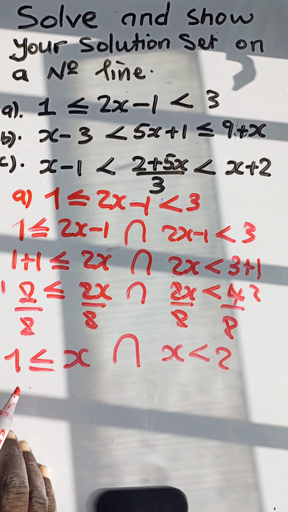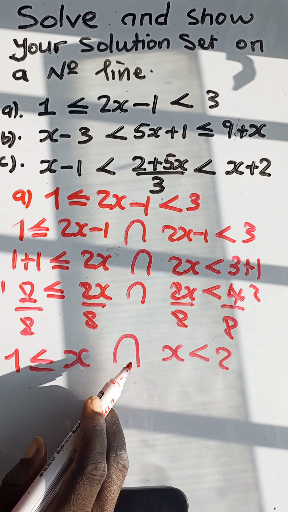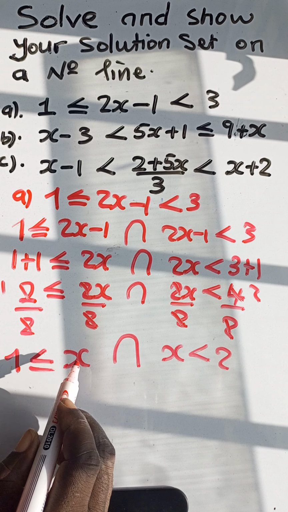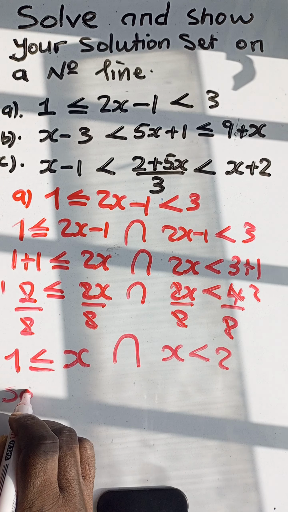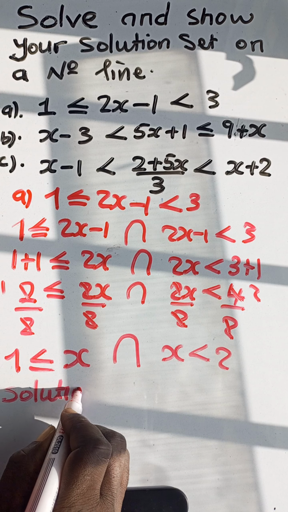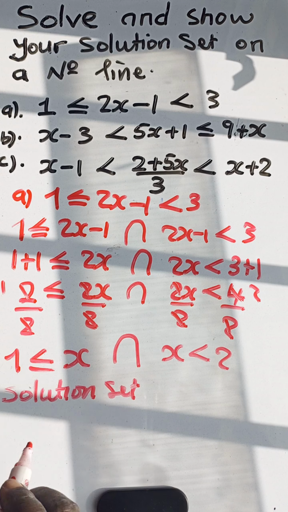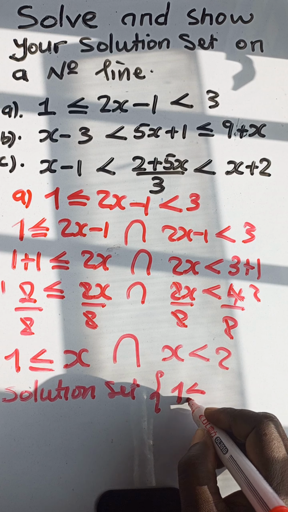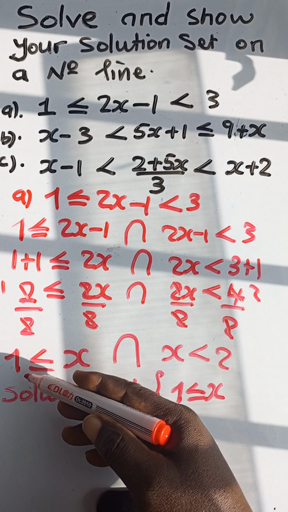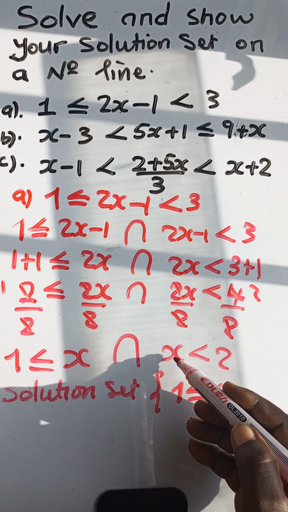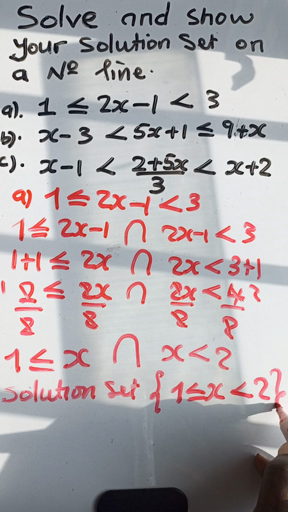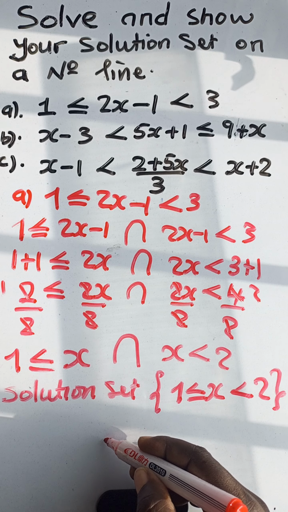So how do we combine these two solution sets? We can see that the variable is in the middle, so we say the solution set is 1 less than or equal to x, and x is less than 2.